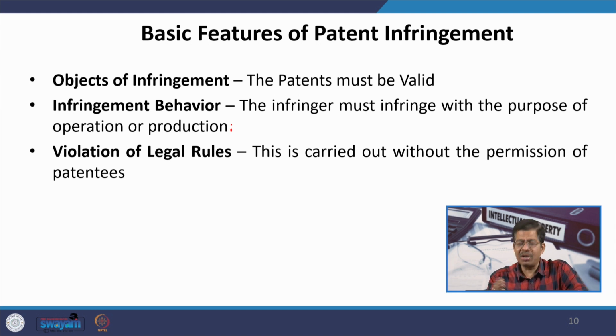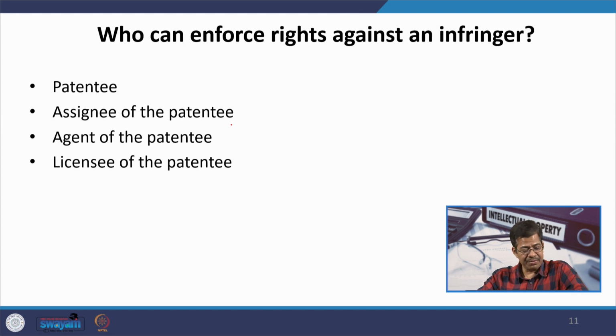If there is no commercial gain, for example, it is used for some kind of a developmental activity, it will not be amounting to the infringement that way. And when you are using those patents or IP without the permission of patentees, that is the violation of the legal rules. So, there are three important features of patent infringement.